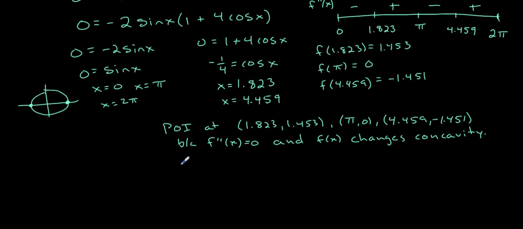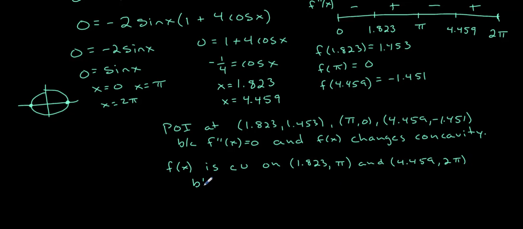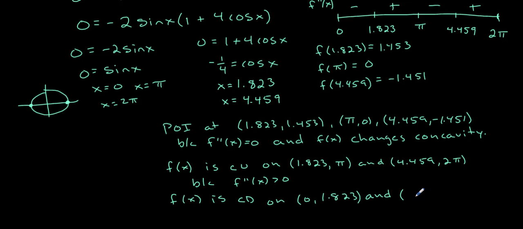Well, we get that from our sign chart. f of x is concave up, that's when the second derivative is positive, on 1.823 to pi, and 4.459 to 2 pi, because f double prime of x is greater than 0. f of x is concave down on 0 to 1.823 and pi to 4.459, because f double prime is less than 0.